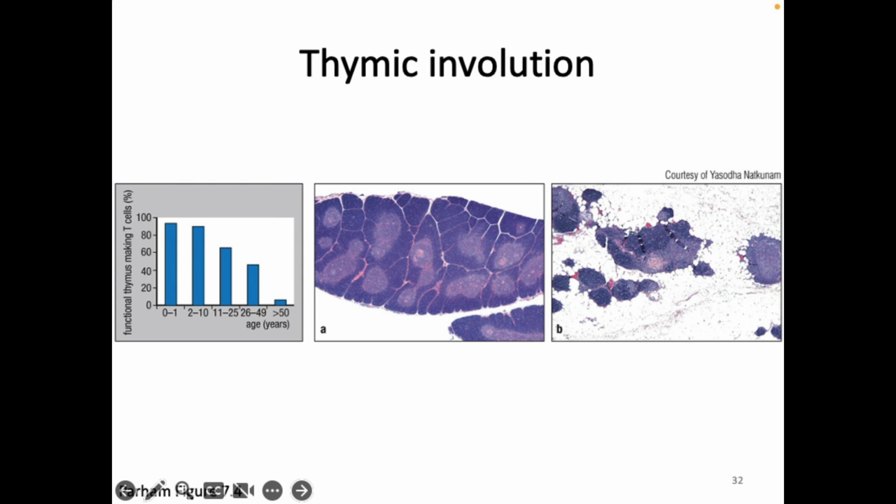And the idea is that as you age, you actually make fewer T cells. You do less T cell development over time. In B cells, you keep doing the same amount of B cell development your whole life, but your thymic output, the amount of new T cells that you make, decreases throughout your life. And so this shows you kind of how much T cell production is coming out of the thymus at different ages.